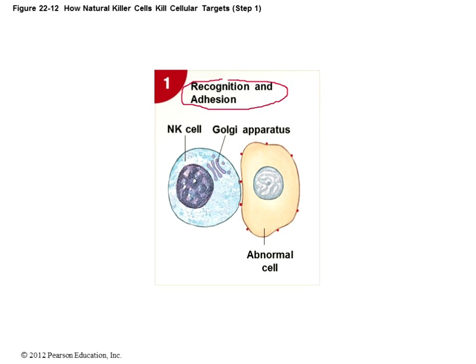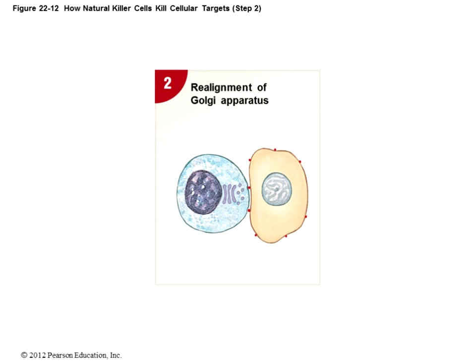First is to recognize and adhere to that appropriate location. So here is your natural killer cell here. Here is the target it's going for, right? And so it recognizes and adheres to that target. Once that happens, the Golgi, remember the Golgi? Golgi apparatus is something that produces secretory products.